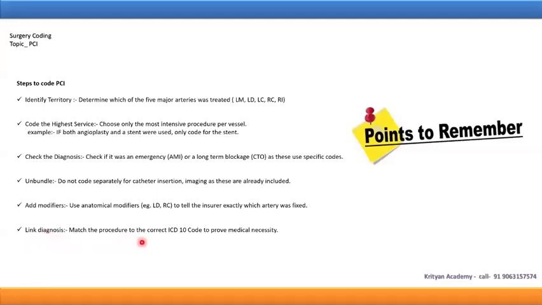Match the procedure to the correct ICD-10 code to prove medical necessity. If it fails to meet medical necessity, it will get denied by the insurance company. So this last point is also very important in order to get 100% payment for that particular procedure. So all these points, please remember, and it is easy to code PCI in surgery coding.